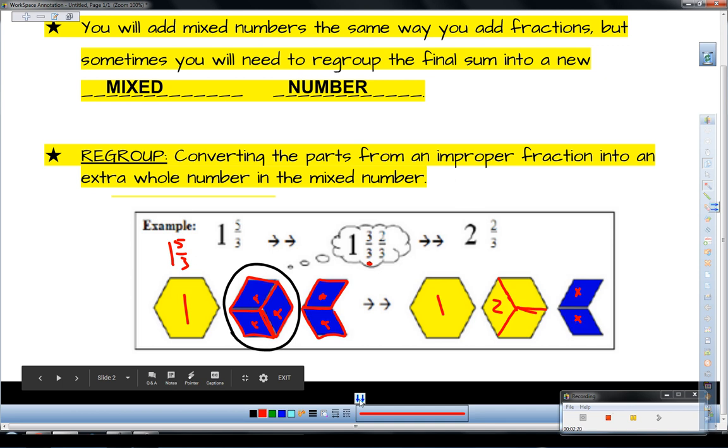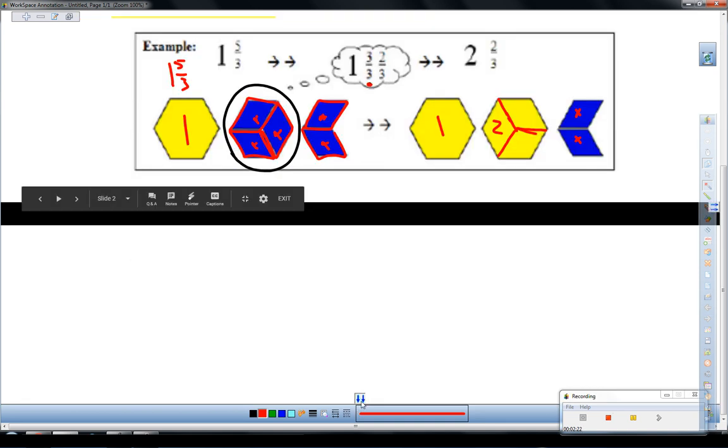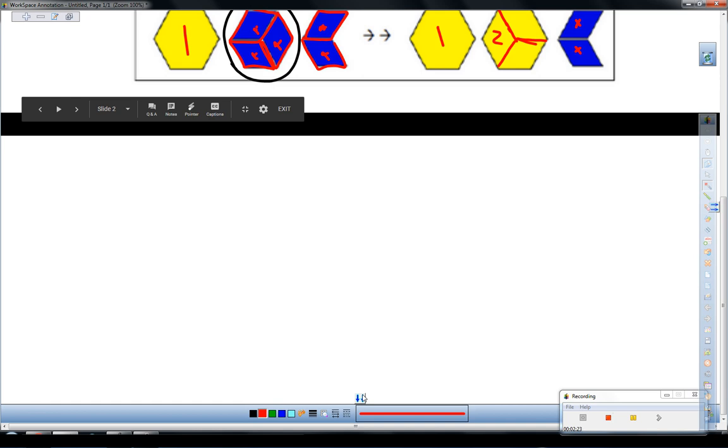What this looks like without a model: let's take the problem 4 9/4. What I'm doing here is trying to convert this to a mixed number. I'm going to worry only about the 9/4 part first.